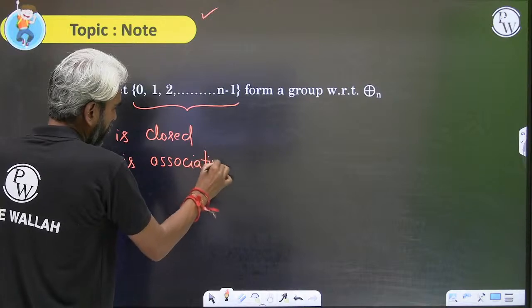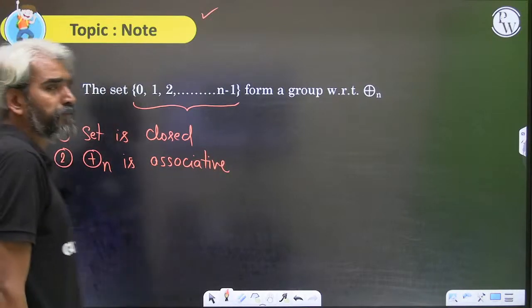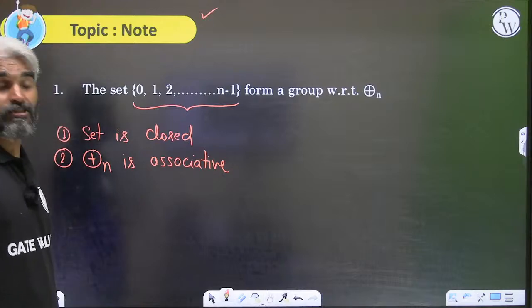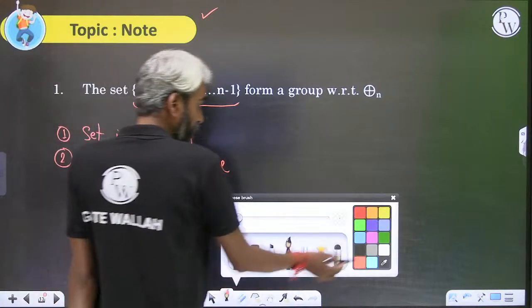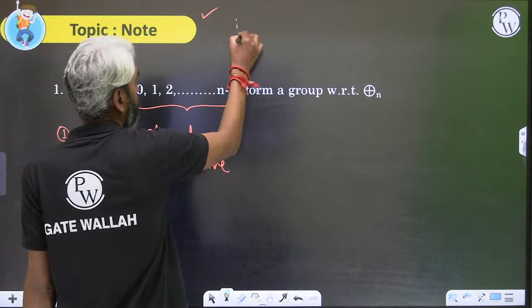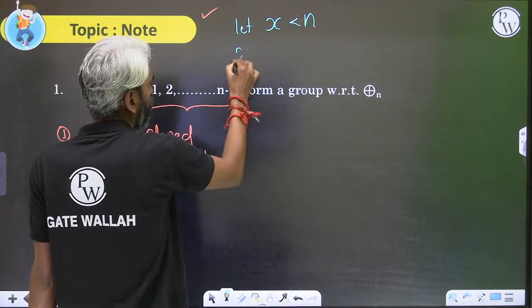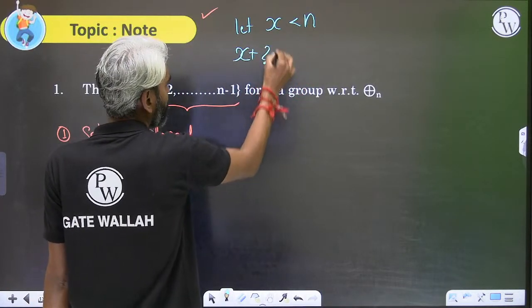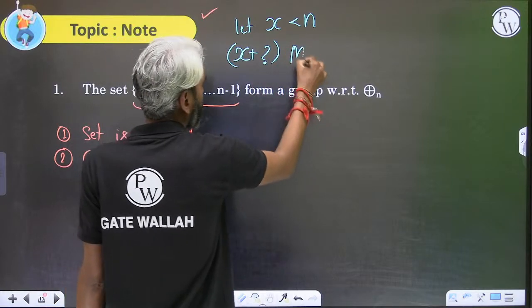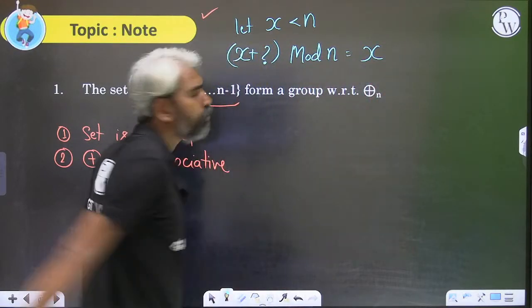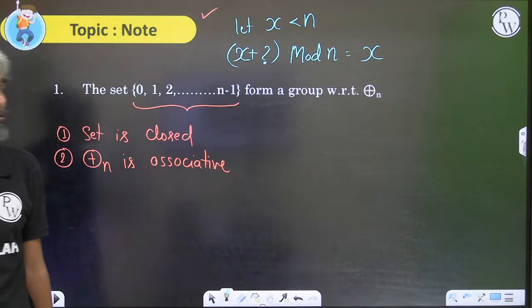We know the identity with respect to addition is 0, but what will be the identity with respect to addition modulo n? My question is, let x be less than n, what should we add to x such that if we divide by n, the remainder is x only?